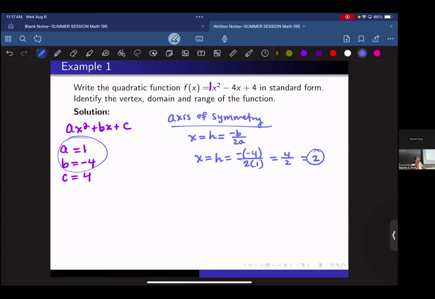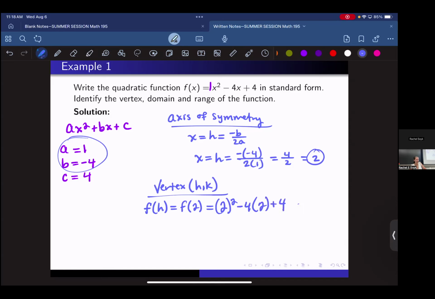Now we need to find that k. And how do we do that? All we have to do is plug in that 2 into our function. So we have 2 squared minus 4 times 2 plus 4.